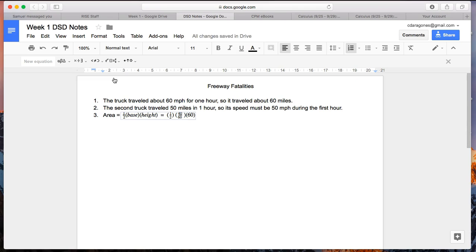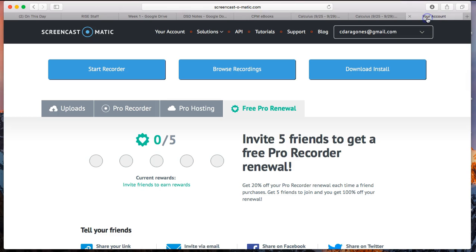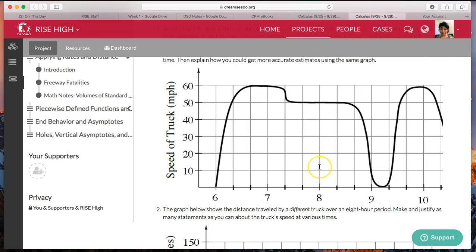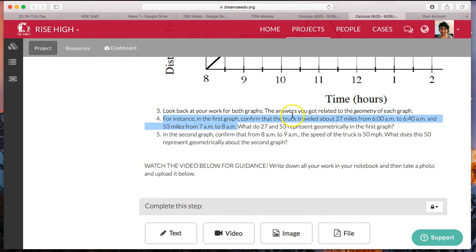So we have about, these cancel out, so we have 40 divided by 2, which is 20 miles, okay? So we have an approximate area that we traveled of 20 miles. According to them, though, it's 27.